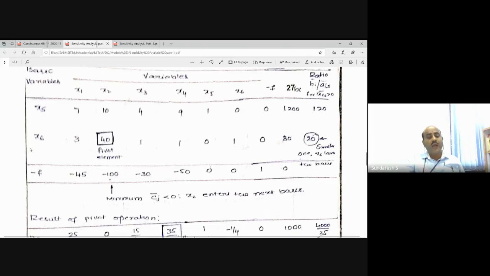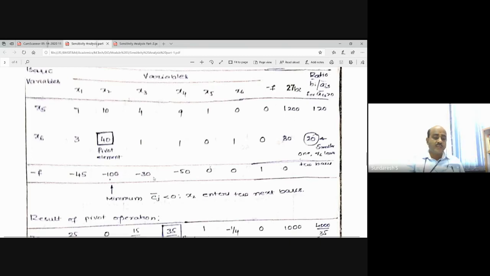Now we have to formulate another table, which we generally call the result of pivot operation. You have to generate the tabular column. The variables will remain the same, they do not change. After the pivot operation, x6 will leave the basis and in place of x6, x2 will enter the basis.